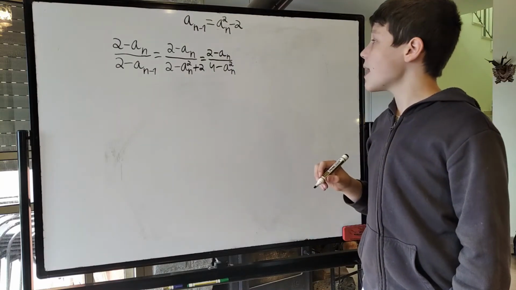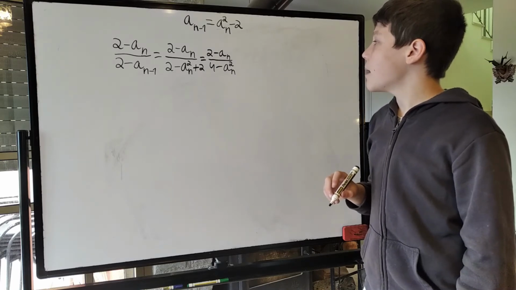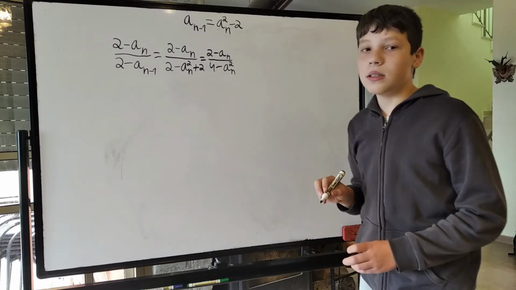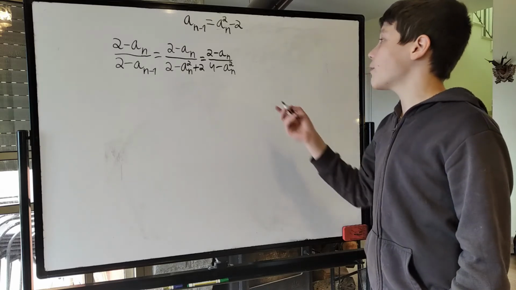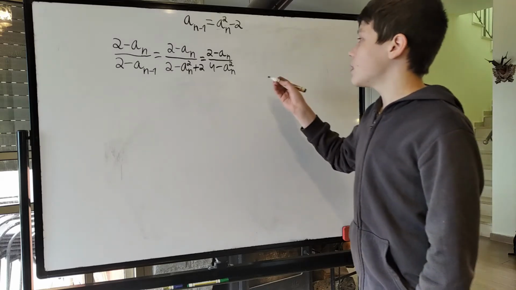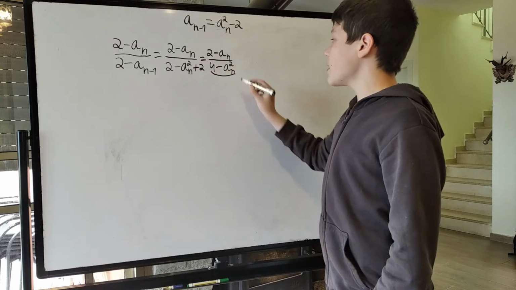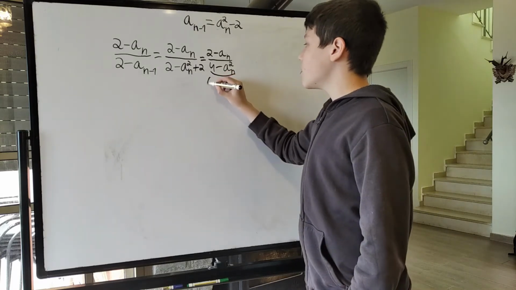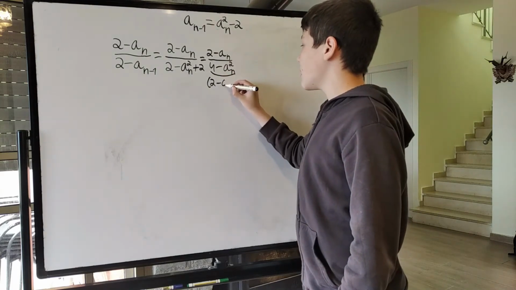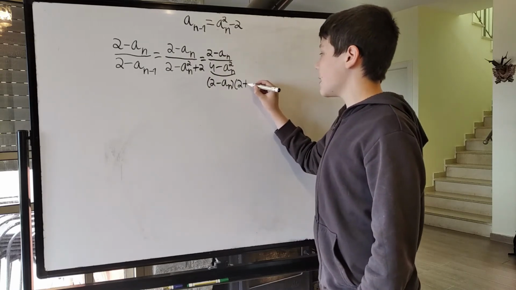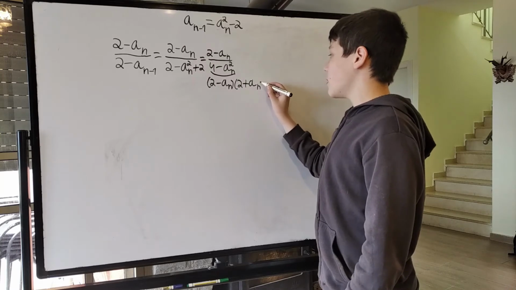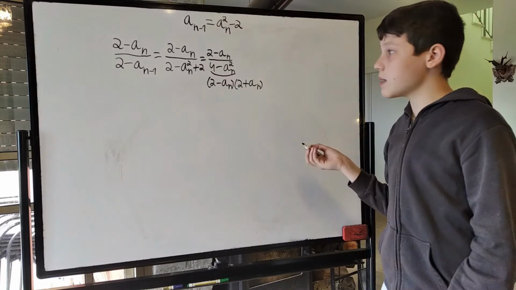And that fits perfectly, because now, by difference of squares and the fact that 4 is just 2 squared, we can turn this into a product. This is (2 minus a_n) times (2 plus a_n), again by difference of squares.